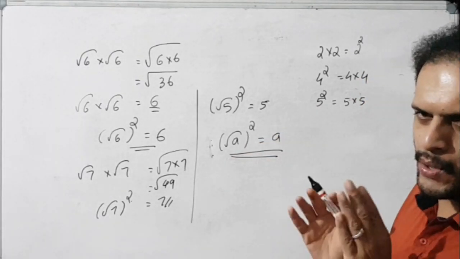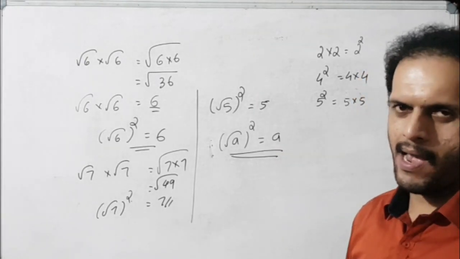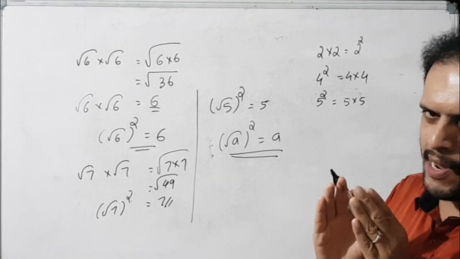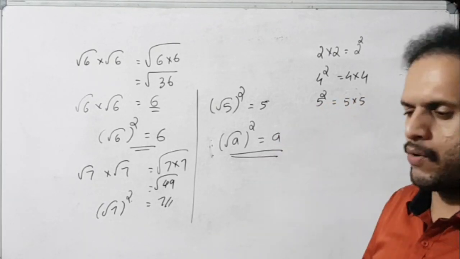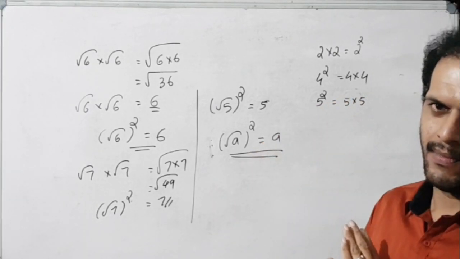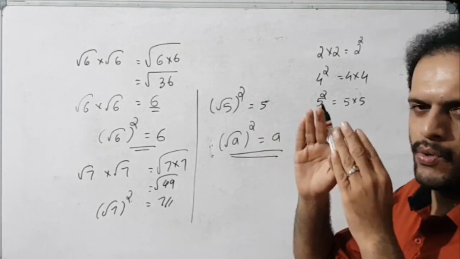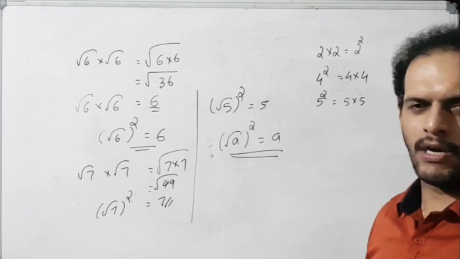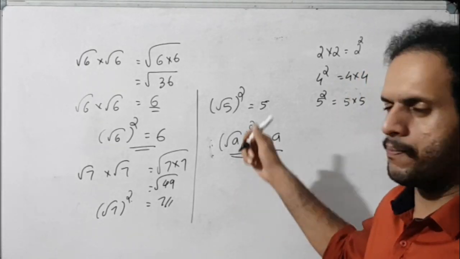Root a whole square is equal to a. The square of one irrational number is that number itself. Okay? It is a new idea. We needed this to simplify the expressions. So what do we need? We need the 4 identities and this one.